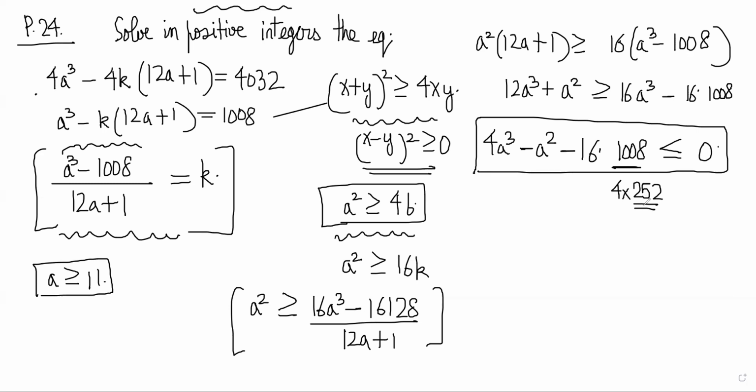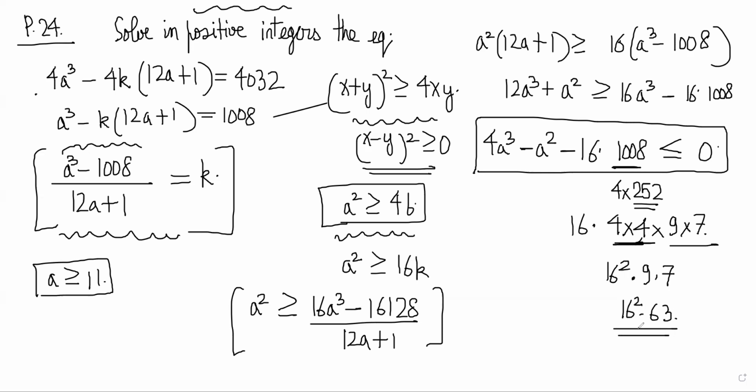It will be 16 into 9 into 7, I guess. It is divisible by 4, you will get 63, right? And then it is 9 into 7. So you have 16 into this thing, right? So notice that this is a 16 square into 9 into 7, so it's a 16 square into 63, right?